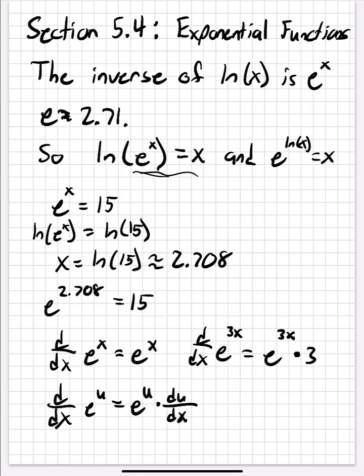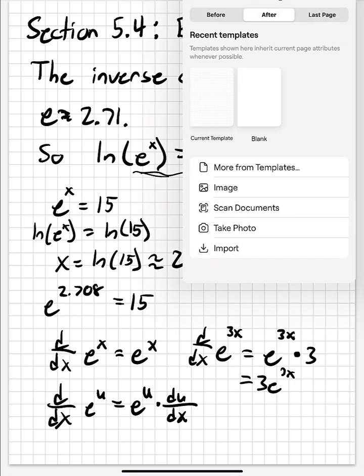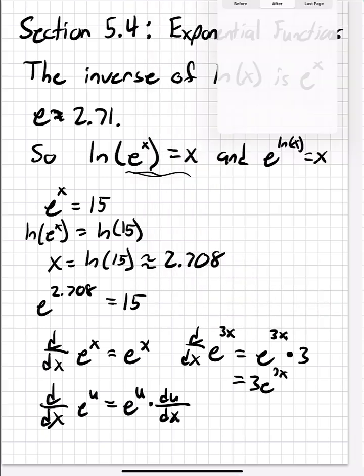So the derivative of e to the 3x is 3e to the 3x. That's how derivatives work for exponential functions. I'll do another example in just a moment when we have something that's not just an x.